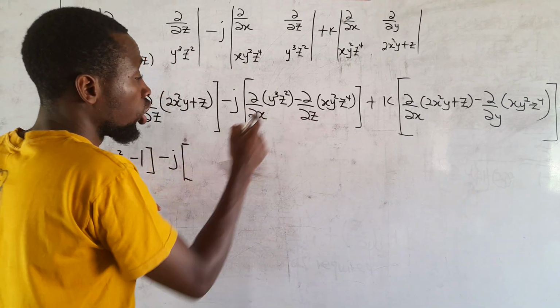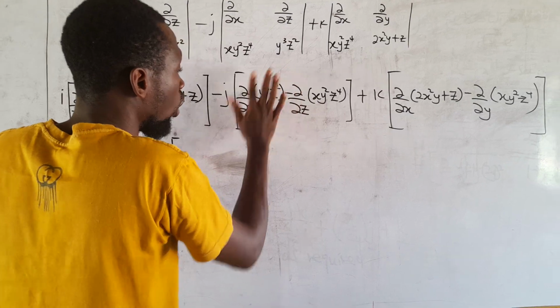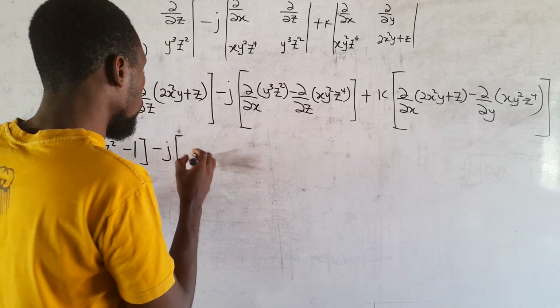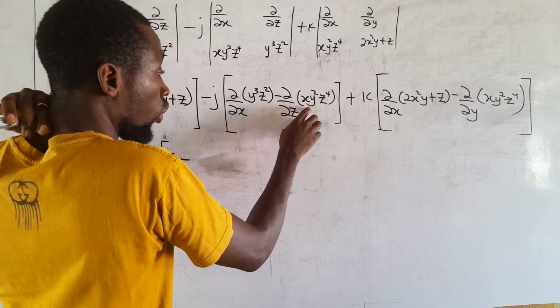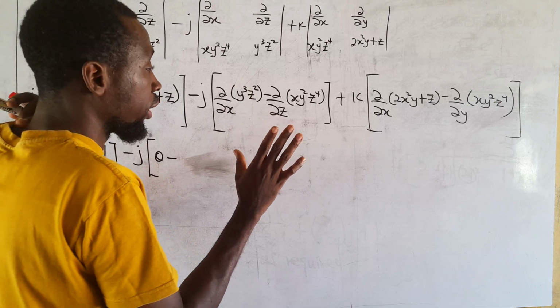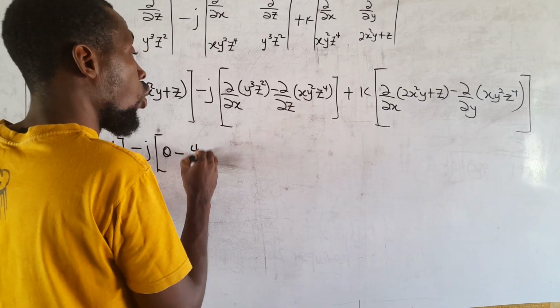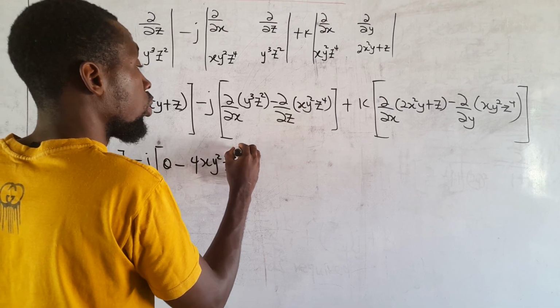We do a partial differentiation of this function with respect to x. Since there is no x there, the whole of that is 0. So we say 0 minus. Now, the partial differentiation of this function with respect to z, with x and y held constant, gives 4x y squared z cubed.